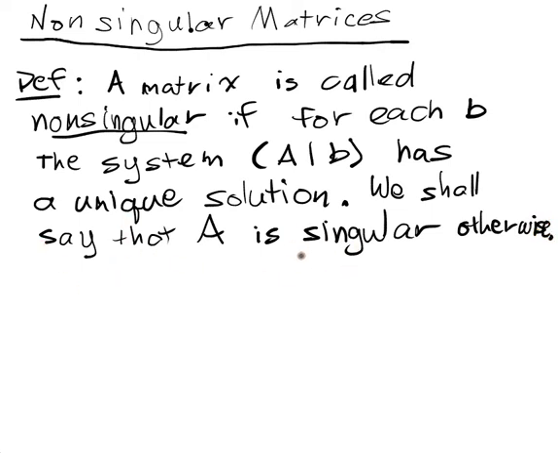So singular in this context roughly means unusual, right? So this matrix is kind of unusual. It's more likely, in some sense that can be defined rigorously, that this does have a unique solution all the time, under certain conditions, of course.